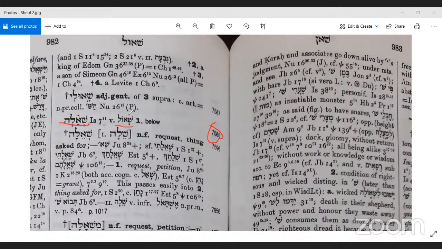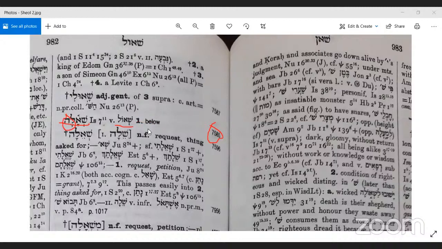Now we saw this in Strong's. We did not see this one in Strong's, right? There was no ha. Okay. So it says one below. One meaning is below. Below as in what? Subterranean, right?